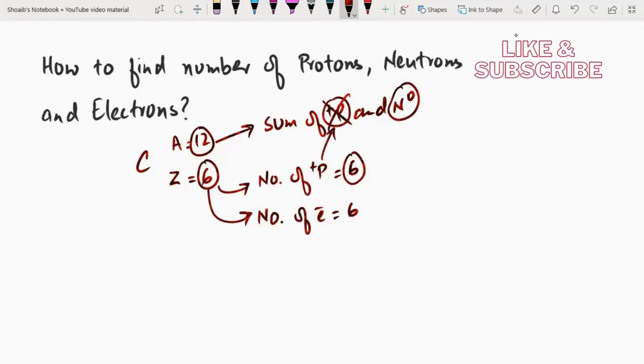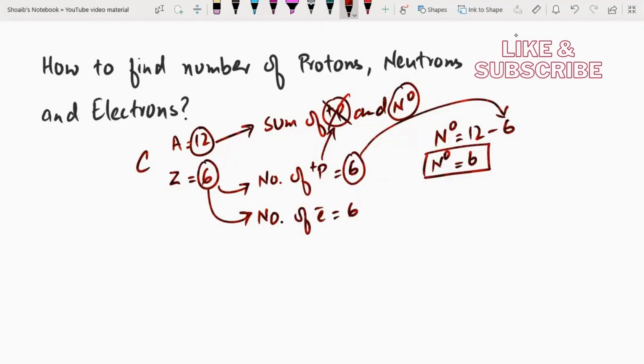Only the neutrons. So for the number of neutrons, the mass number is 12 and the atomic number is 6, meaning the number of protons. If I subtract the number of protons from the mass number, we have only the number of neutrons, that is 6.